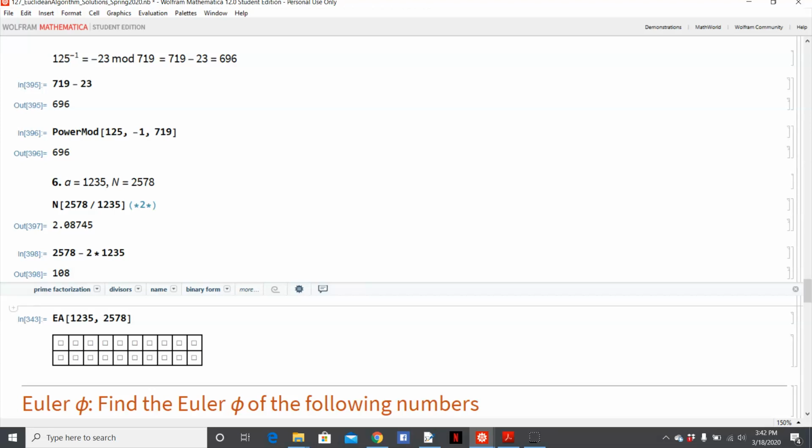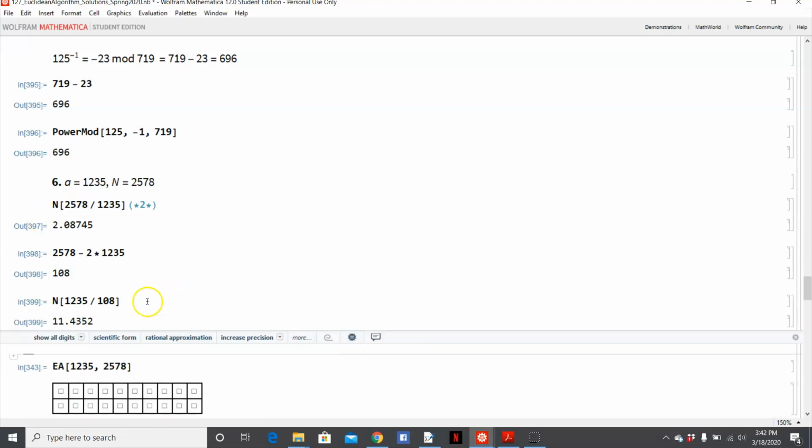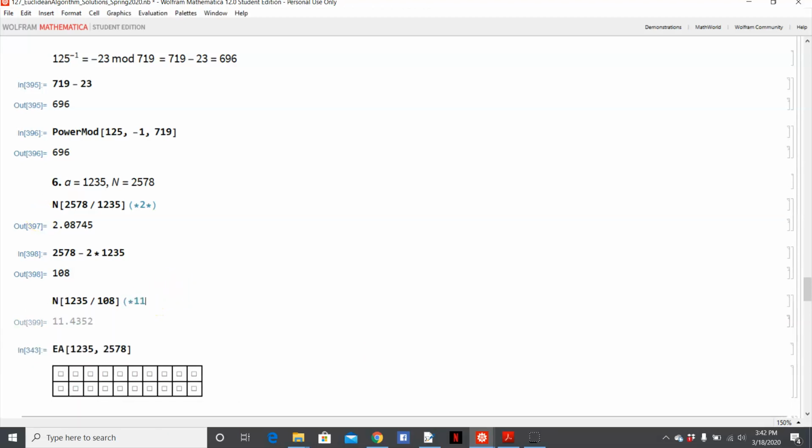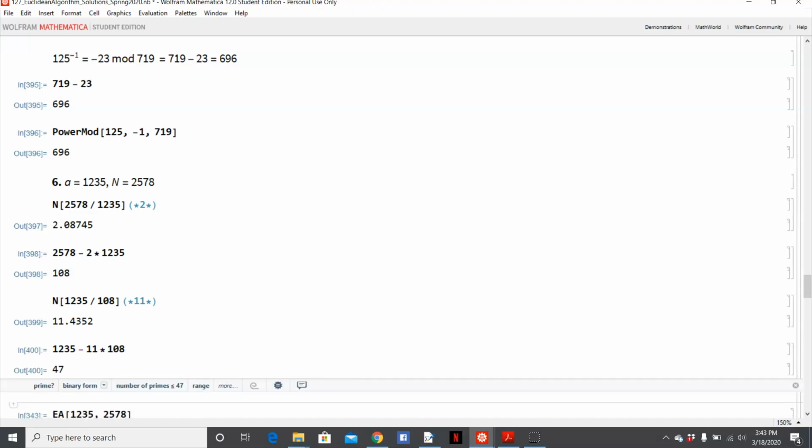All right, so now I'm going to take 1235 and I am going to divide it by 108. That goes in 11 times. I'll make a note of that. And again, to find my remainder, subtract that off, I get 47.